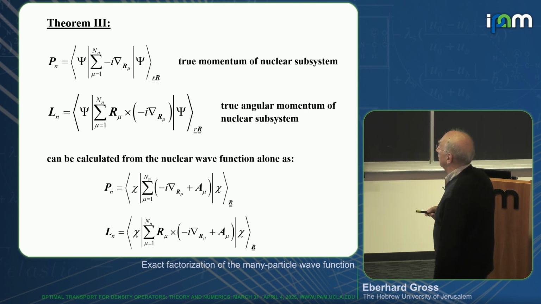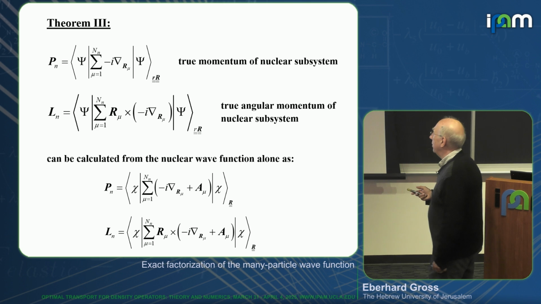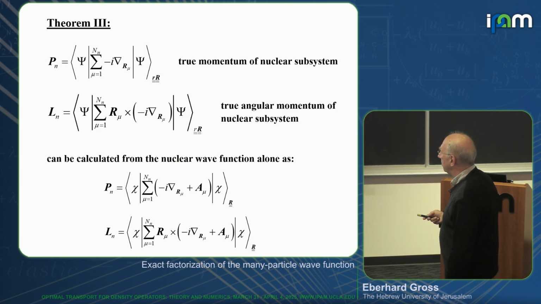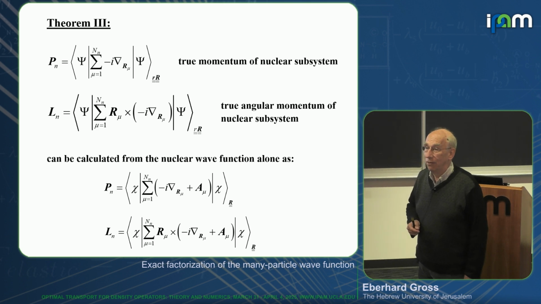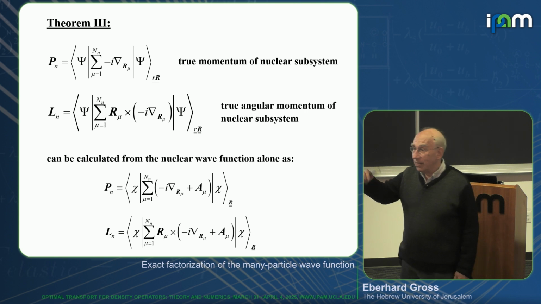If you do this, you can prove that instead of using the full wave function here, you can evaluate the nuclear momentum and the nuclear angular momentum just from the nuclear factor. Now this is unusual. Let's take a step back.